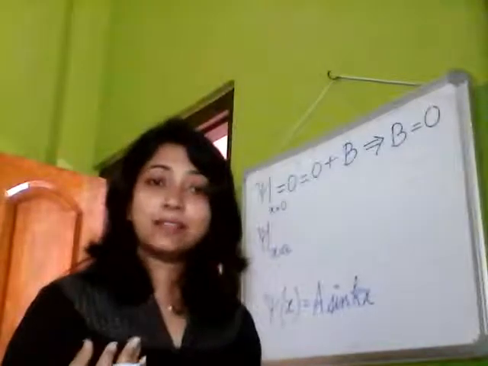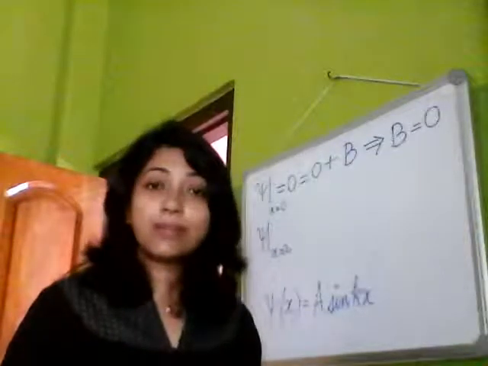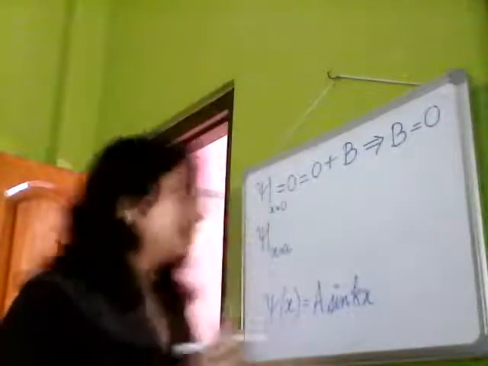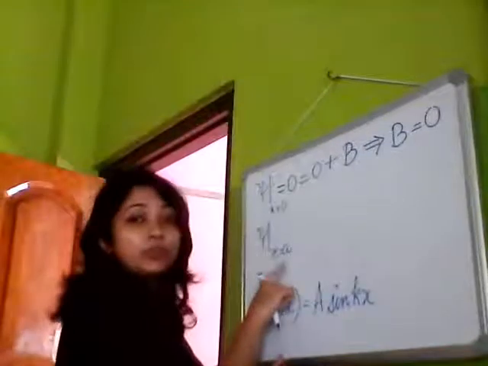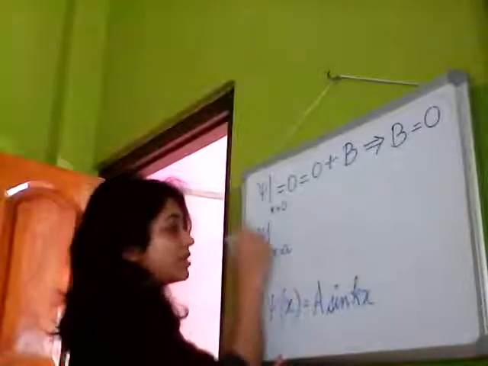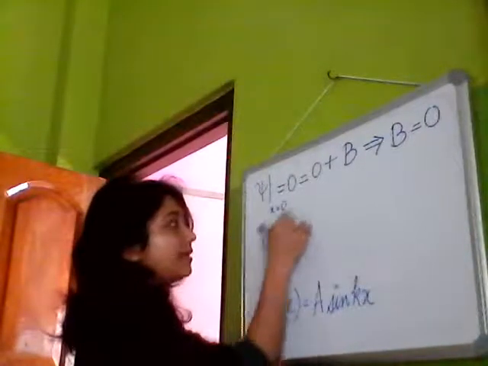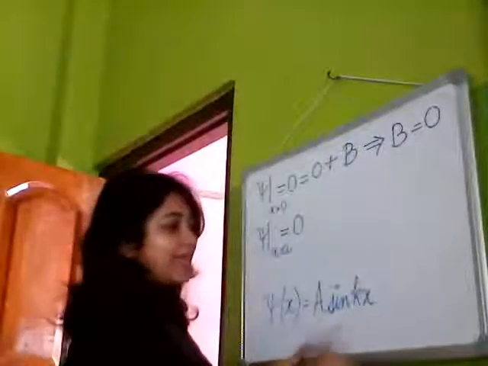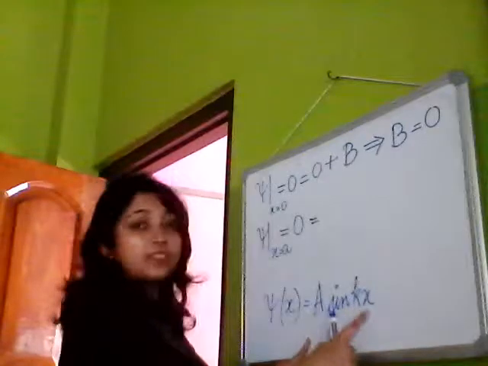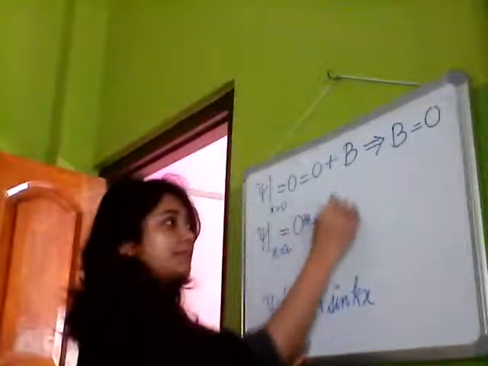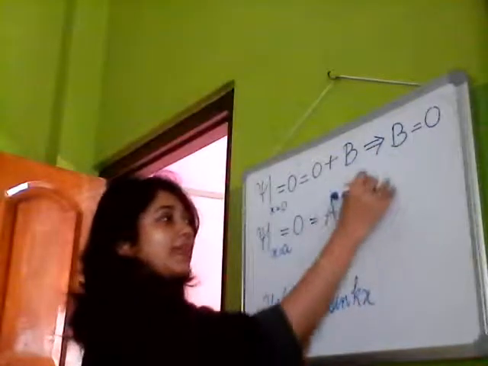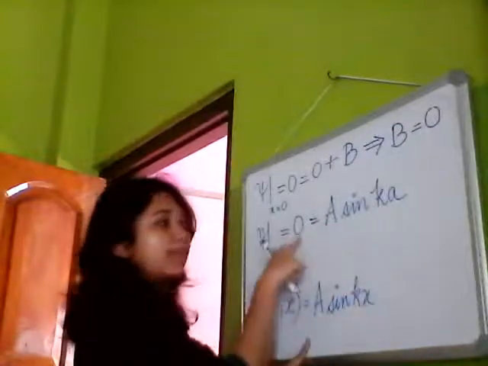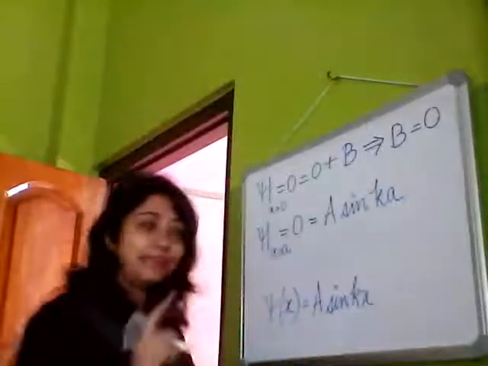And as a result, the wave function also will go to 0 in that position. And at the limit x is equal to a, once again, wave function goes to 0. So this A sine, and now putting the value of x is equal to a here, what do I see? A sine ka is equal to 0, right?